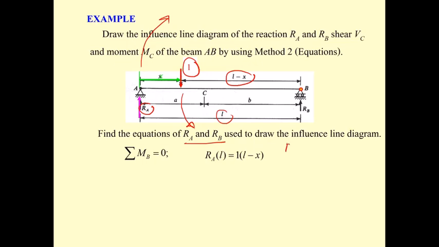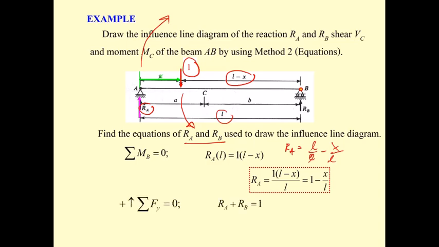And then just put R sub A equal to L over L minus x over L like this, and then you get 1 minus x over L. And then summation of F sub y equals 0 as before. We have R sub A of 1 minus x over L, and then plus R sub B equals 1. So R sub B is going to be 1 minus 1 plus x over L, and then you get this equation.